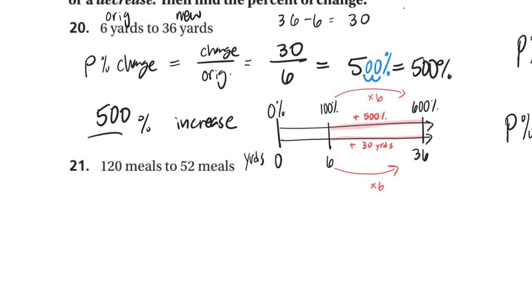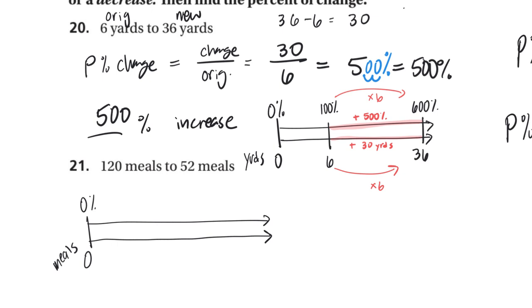So 120 meals to 52 meals. Let's do this one using that diagram, and then we'll show how it works with just the equation, because the equation is certainly simpler. So 0% of anything is 0, and this is now meals.